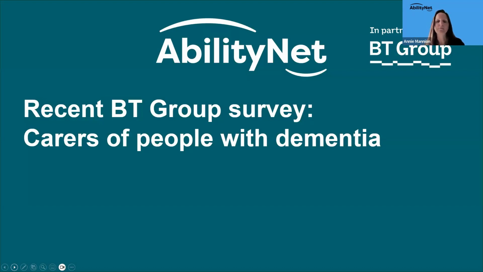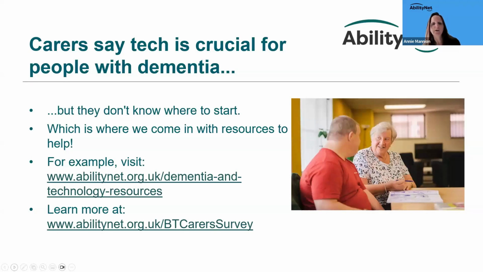Many of you joining us today may have registered via some recent news coverage of survey results about carers of people with dementia. That was commissioned by BT Group, which AbilityNet has been working with over the past year to help boost the digital skills of older people. The main finding of that survey was that carers say tech is crucial for people with dementia, but they need digital skills support, and they don't know where to start with getting that support and building those skills.